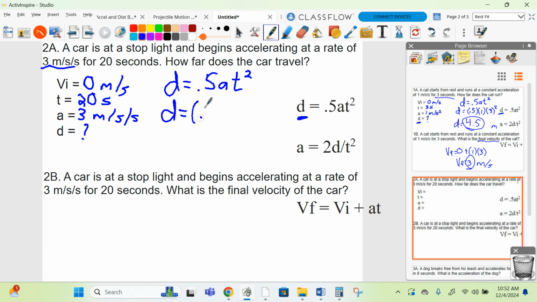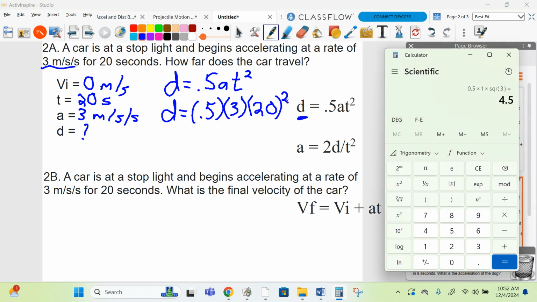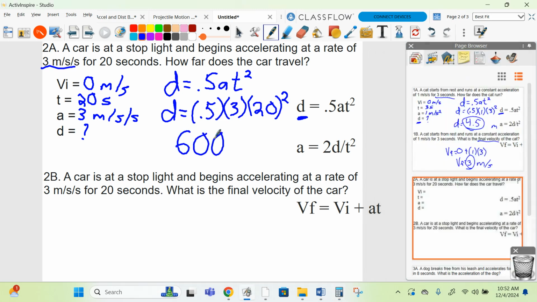D equals 0.5, A is 3, and the time is 20. And don't forget about squaring. Plugging this in my calculator, 0.5 times 3 times 20 squared equals. That gives me a total distance of 600, and that's what I'm putting into the form.